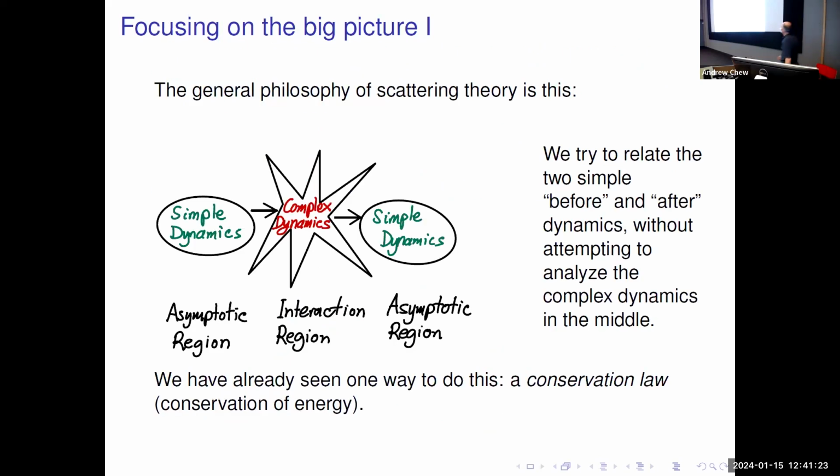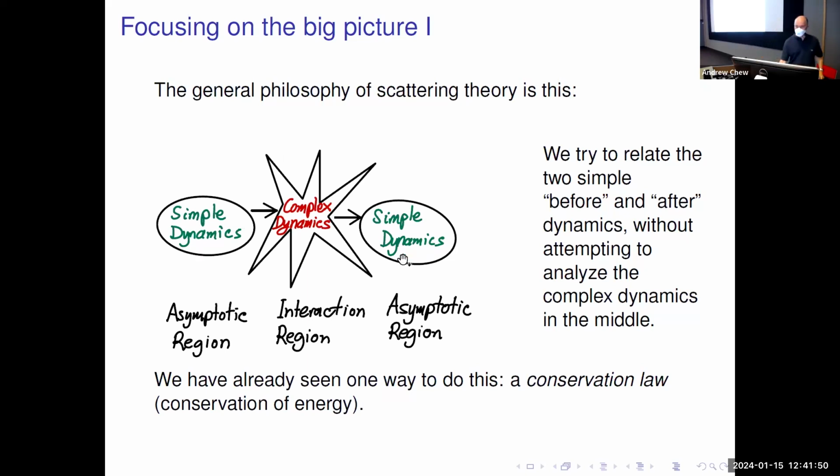So we've just seen two examples of what I'm calling the general philosophy of scattering theory, which is that in many dynamical systems, we have the following scenario. We have an initial simple dynamics. For time very negative, the dynamics are simple and can be described explicitly, for example, straight line motion.